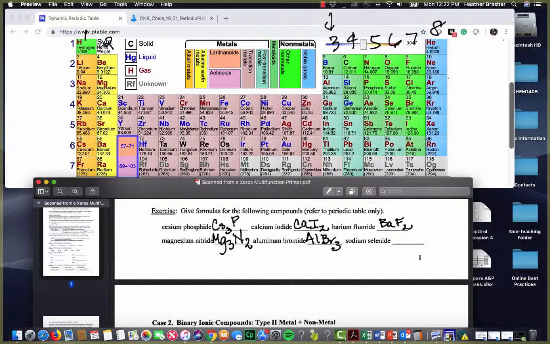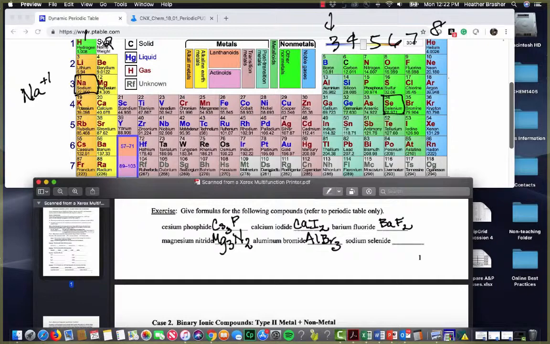And our last here, sodium. Let me see, we have sodium over here, which to get rid of is +1. Selenium. So sodium selenide here.